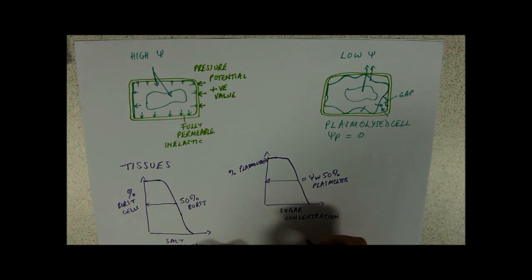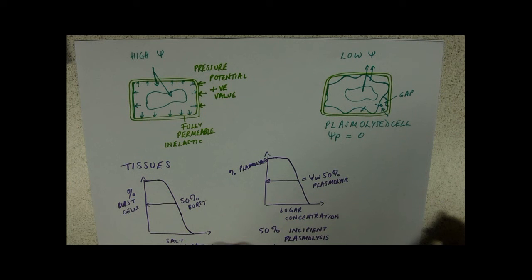So that's an average for the tissue. 50% plasmolysis is the point at which we say the cells are in incipient plasmolysis. They're about to all be plasmolysed, if you like. And again, the pressure potential is 0 at that point.